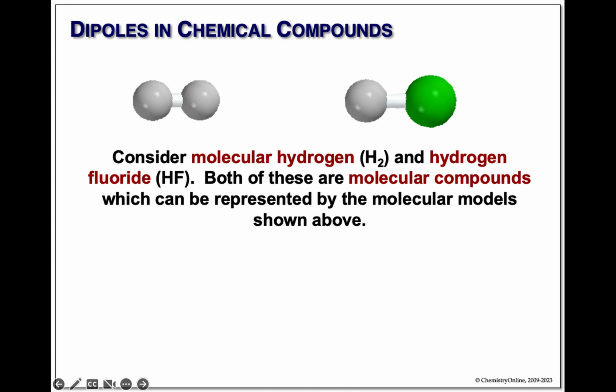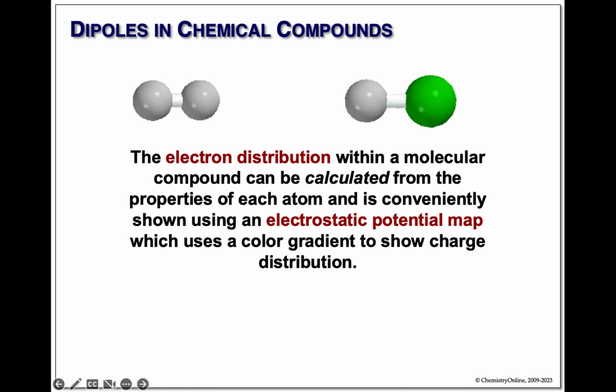We are going to use what's known as an electrostatic potential map to explore the electron distribution in these covalent bonds. Now, an electrostatic potential map is something you do on a computer. You start out by taking your molecule. You ask your computer to calculate what's known as a molecular orbital.